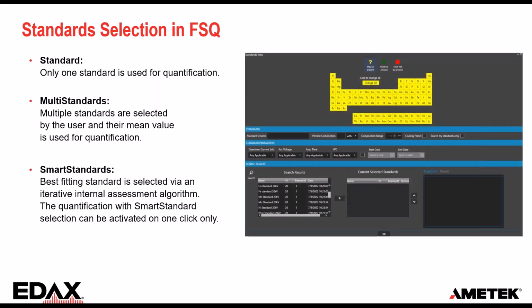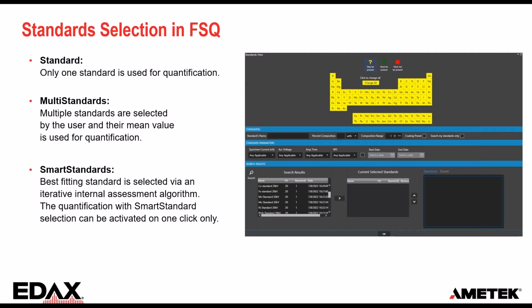So when we have a look again at the little wizard that popped up when I said use standards, the top of this view is basically a search function that I can use. I can either search in my database for standards using the periodic table. I can search by name. I can search also by composition ranges or by acceleration voltage.